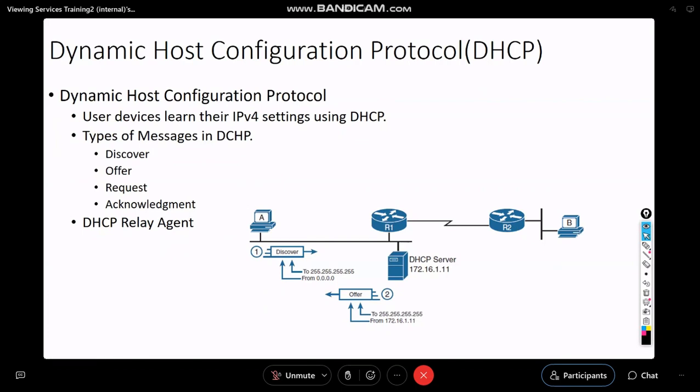Next concept is DHCP. In the simplest words, it is a protocol which will help you get an IP address on your machine automatically. Because imagine if you have 50, 100 odd machines, you cannot go and configure an IP address on every single machine. That is not possible.